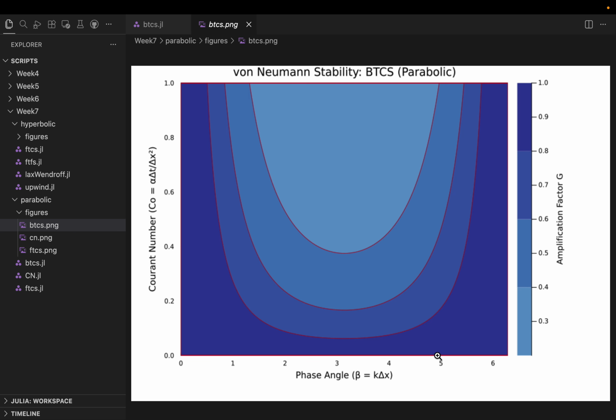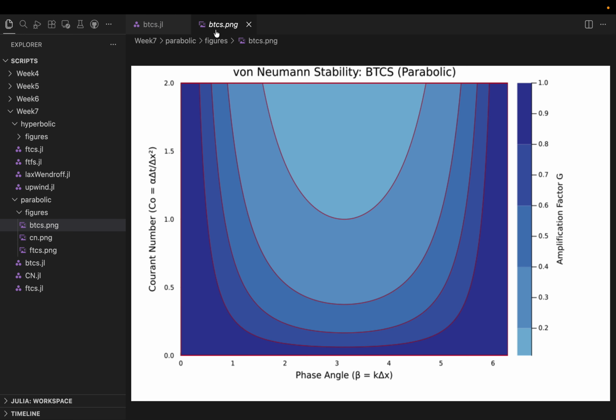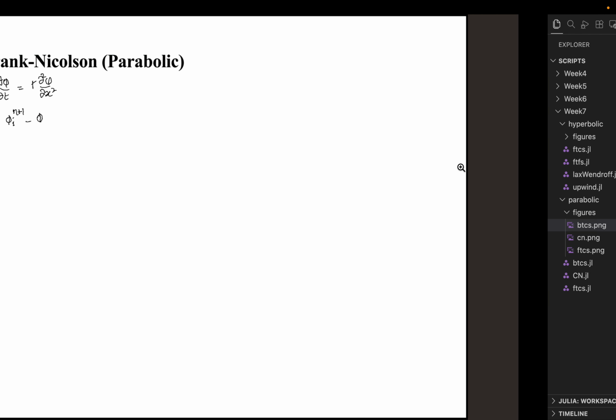So this is a function of beta and Courant number, and these contours are for the values of amplification factor. You can see all the values, for the whole range of Courant numbers I have taken, 0 to 1, are within the value that we need, that the modulus of amplification factor is less than or equal to 1. Just to check, we can also increase the Courant number. So instead of 1, let's say I keep 2. Yeah, you can see here also that the values still remain less than or equal to 1. So this particular method is actually an unstable method.